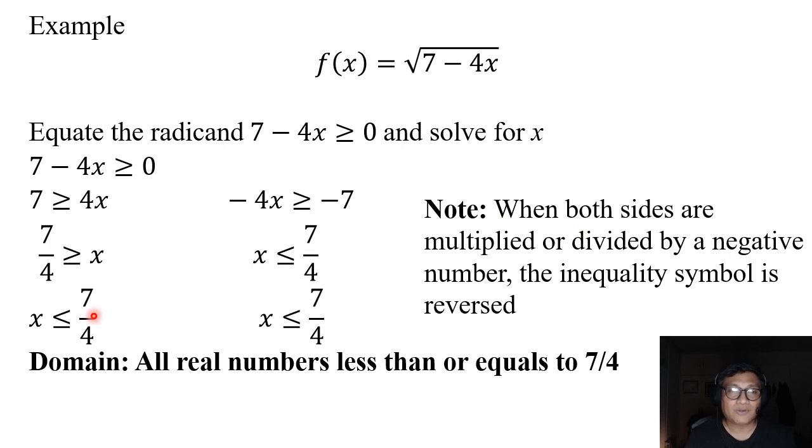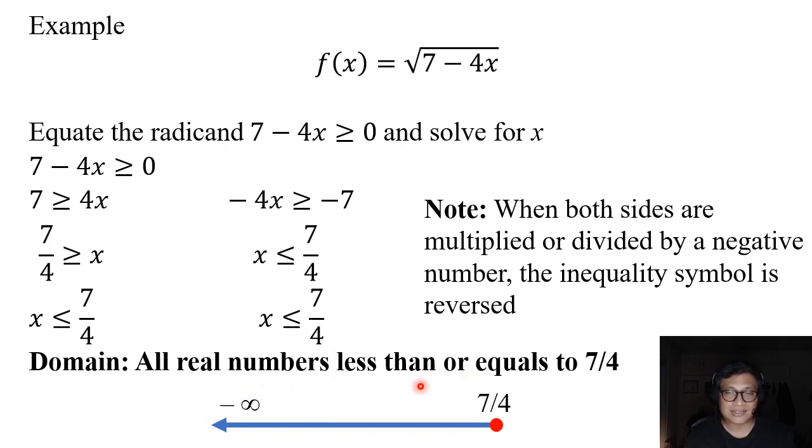So what will be the domain? The domain for these functions will be, again, all real numbers as long as it is less than or equals to 7 all over 4. So that will be the domain, class. Or in our graph, starting from 7 all over 4 to the left, to the negative infinity.